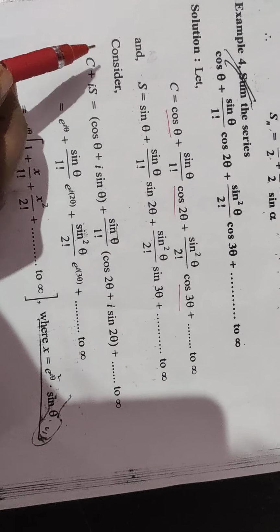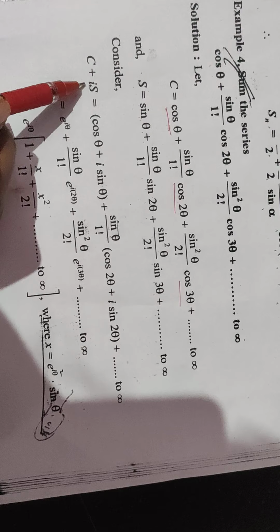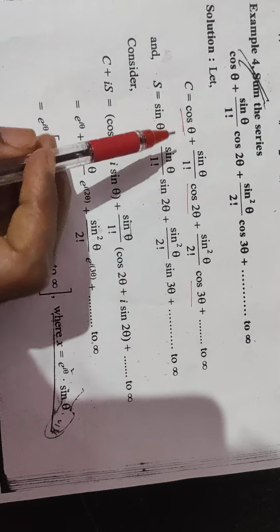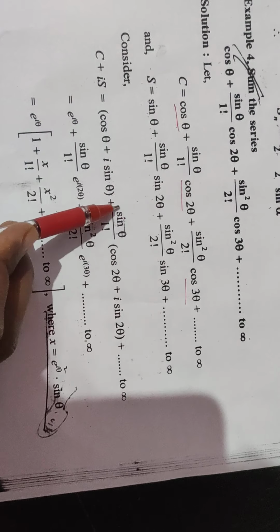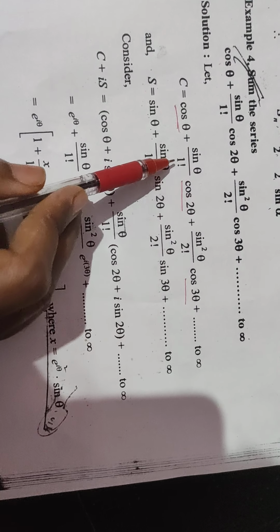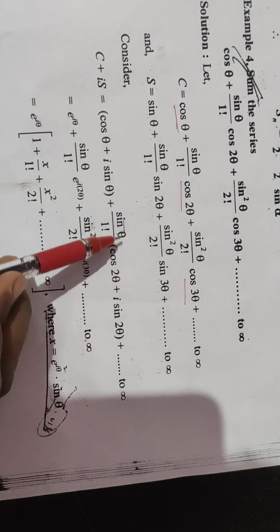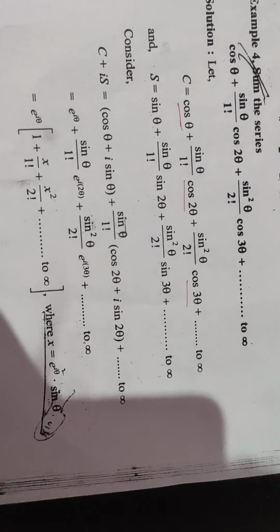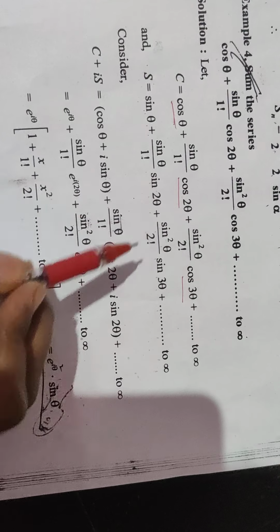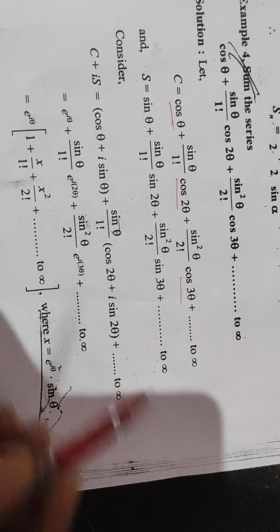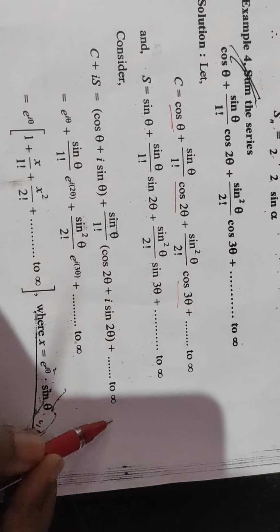So now consider C plus iS. Therefore cos theta plus i sin theta first term, plus here sin theta by 1 factorial constant, write it as it is, into cos 2 theta plus i into sin 2 theta plus so on.